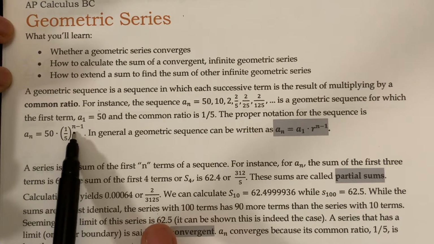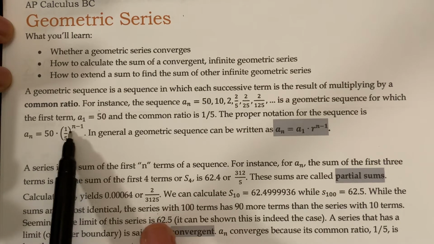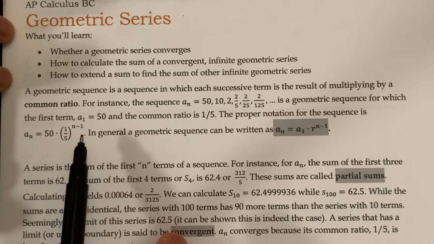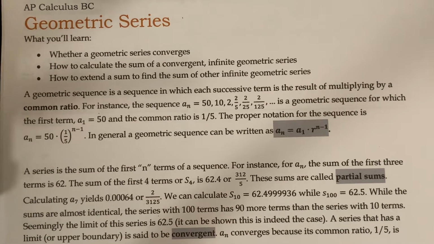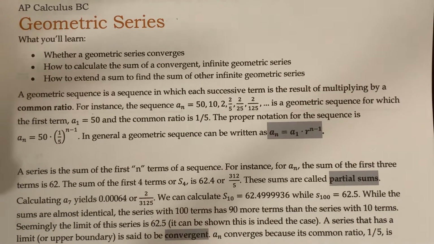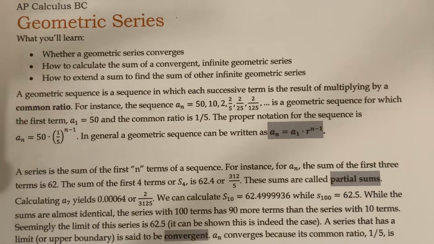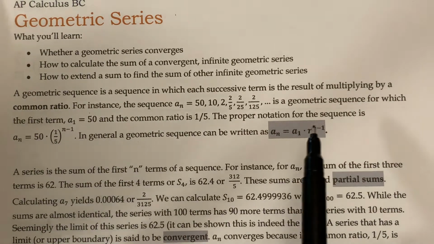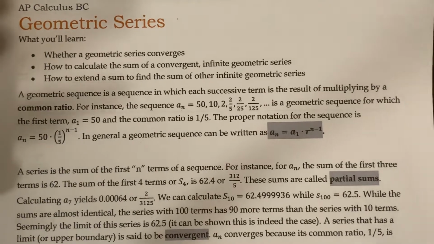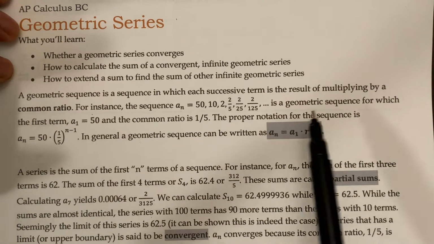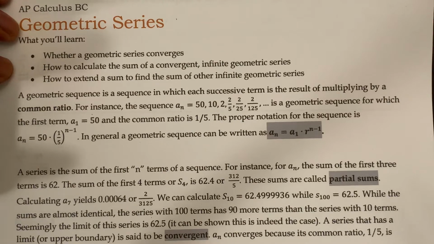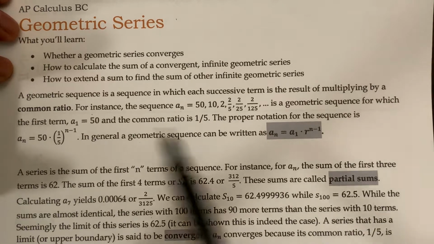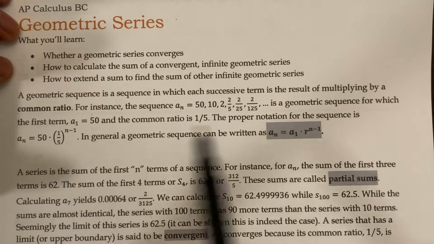This exponent doesn't really matter. Sometimes you see n, sometimes you see n minus 1. It honestly depends on what textbook you pick this up from, or how your teacher or professor prefers to write a sequence. The College Board even goes back and forth on this. So it's more important that you can identify the common ratio and the first term as opposed to what this exponent stands for.